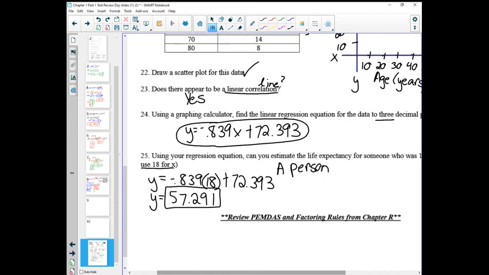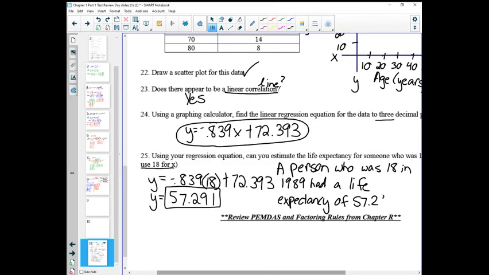A person who was 18 in 1989 had a life expectancy of 57.291 years. That's the end of your test review.